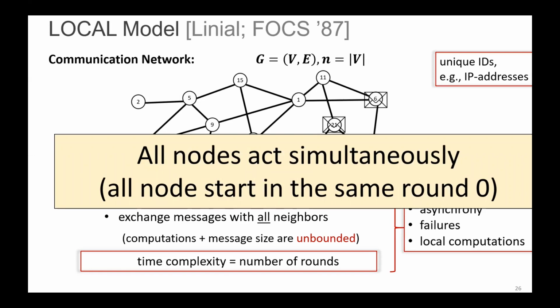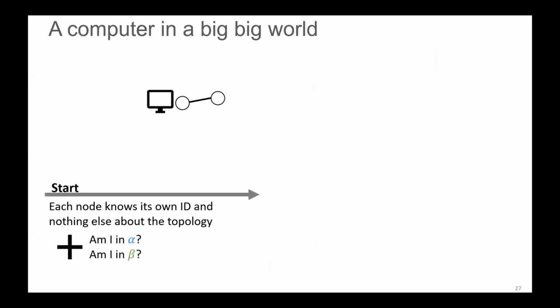So what does this model now mean for the vertex cover reconfiguration problem? The setting that we have is that one of these nodes, computers in the graph, doesn't know what the graph looks like. All that they know at the start of the computation is their own ID, and they know whether they are in the initial vertex cover alpha and whether they are in the vertex cover beta. That's their knowledge. And then they can talk to other vertices, learn a bit more about the network, learn the status in alpha and beta of the other nodes.